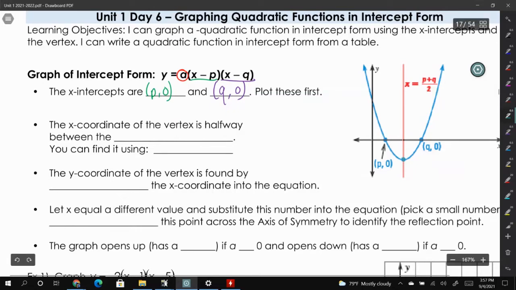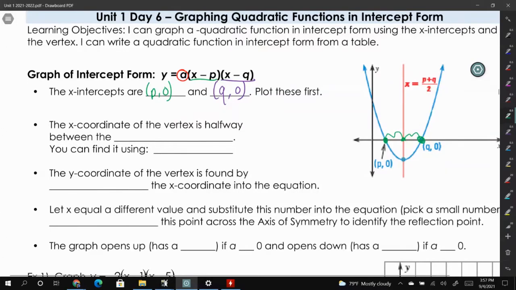Now we have to talk about how to get the axis of symmetry and the vertex. The axis of symmetry will be exactly in between, or halfway in between, the two x-intercepts. Because if we have our two x-intercepts here, half the distance from one and half the distance from the other, that will get you at the middle, because our parabolas are symmetrical.